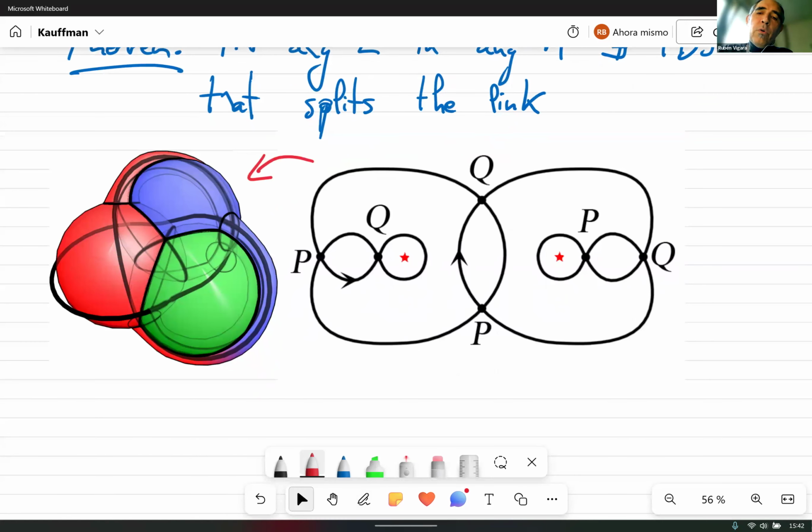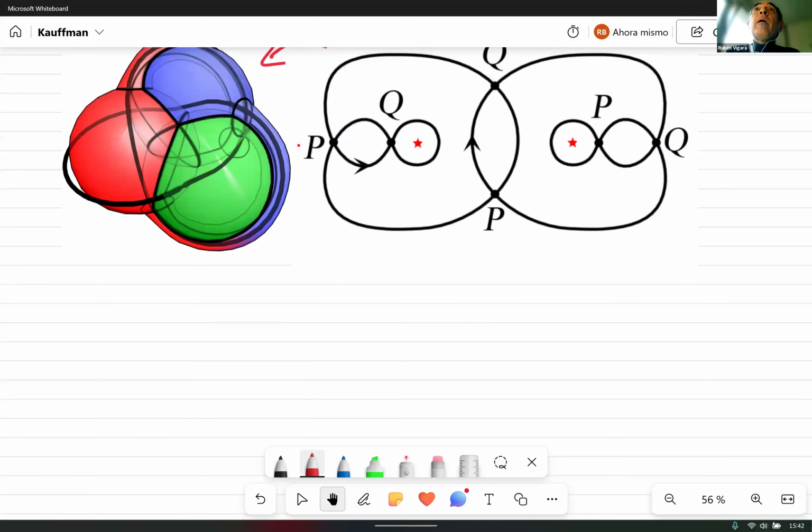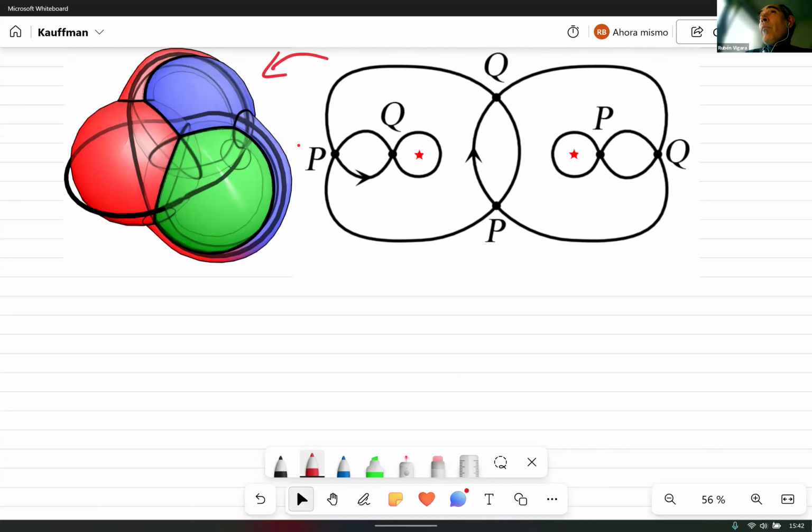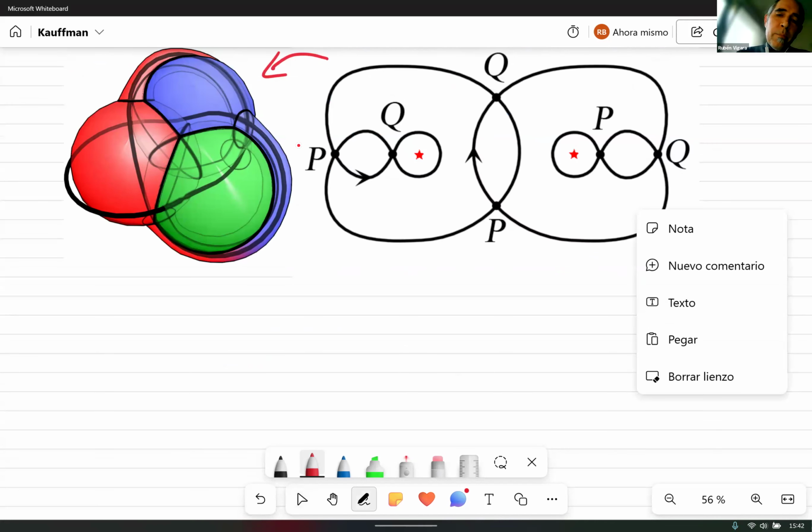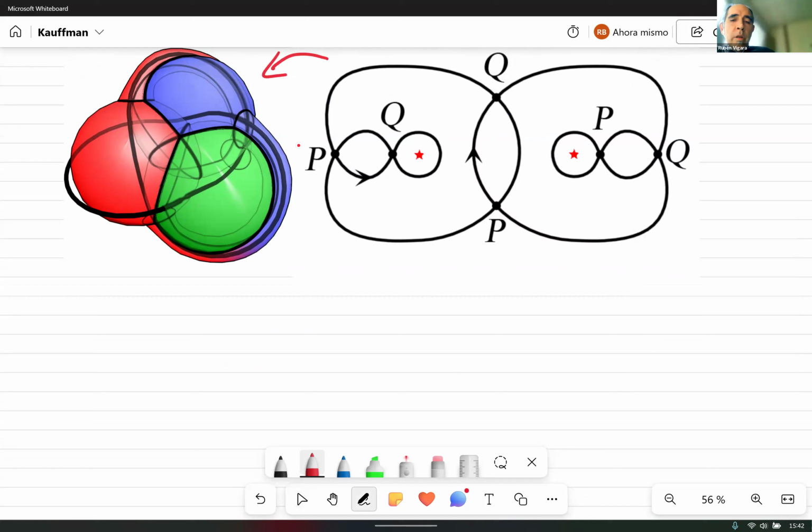This is very useful for studying branched coverings along the knot or the link, because we can construct the Johansson diagram of these branched coverings from the original Johansson diagram of the splitting surface.